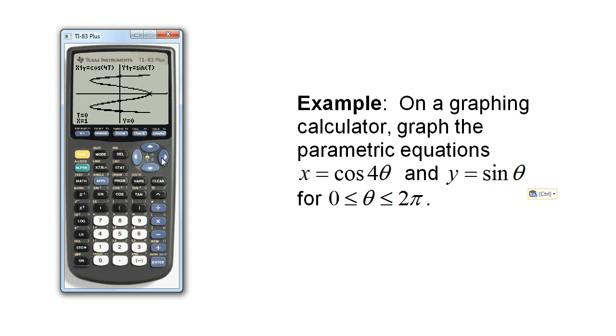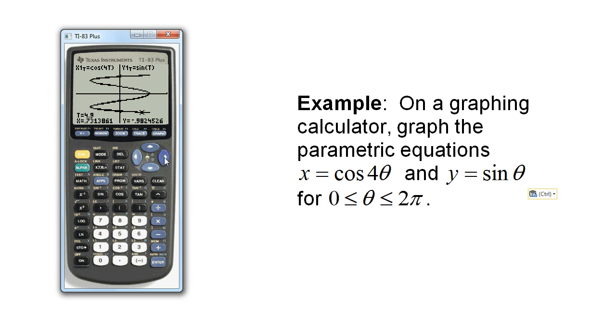Here's t equals 0. Now if I push my right button, t is increasing, and look what happens. When t gets to be, it looks like about 1.4 or 1.5, it turns around and it comes back this way. T continues to increase.